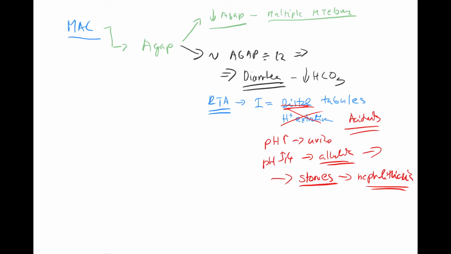So that's RTA1, or distal type, okay? Then you got RTA2, and it's a proximal type. Over here, it's not a problem of getting rid of H+. It's a problem of resorbing bicarb. The resorption of bicarb in the proximal part is failing. That's why you are losing bicarb.